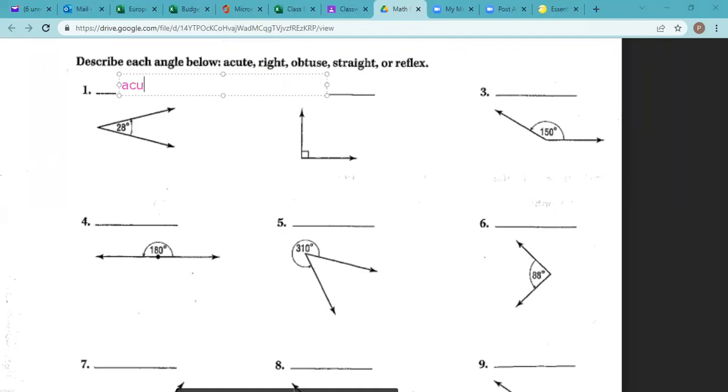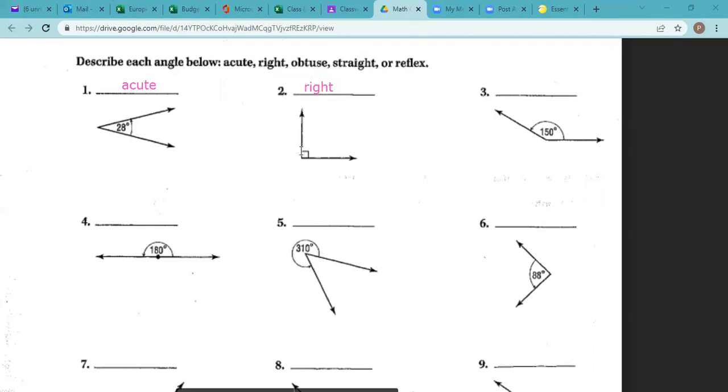The first one is going to be an acute angle. The reason why is that it is more than 0 degrees, but it is less than 90 degrees. So that makes 28 degrees an acute angle. Number 2 is a right angle. It is a 90-degree angle.